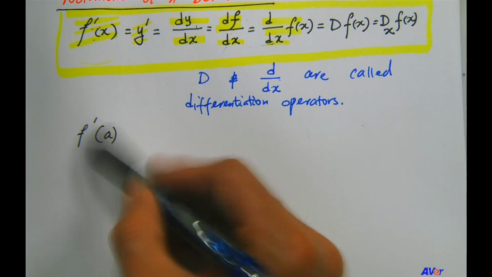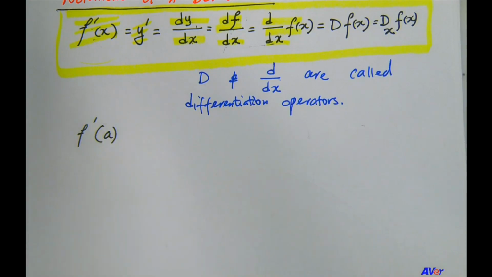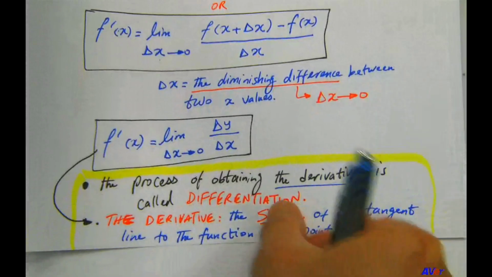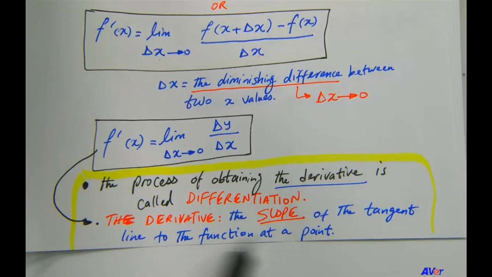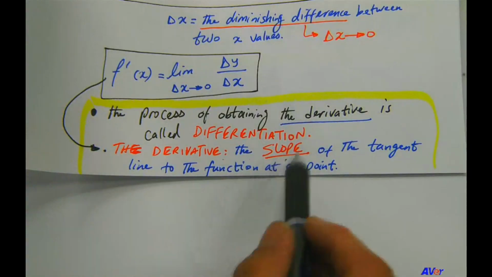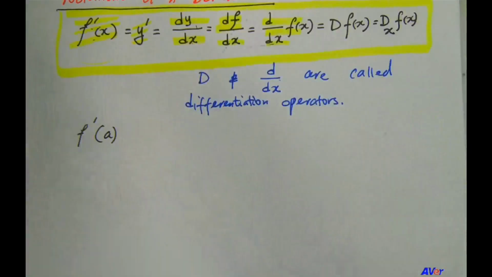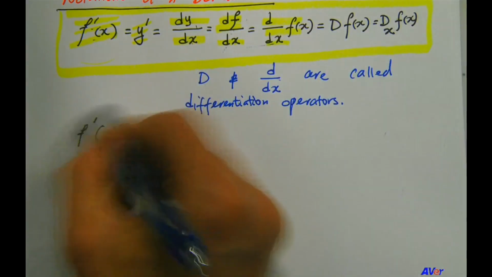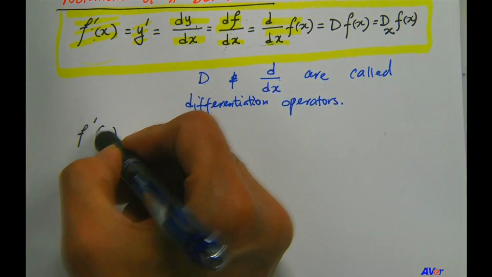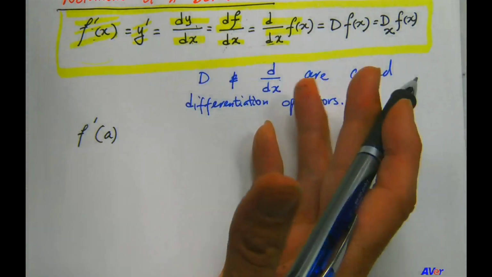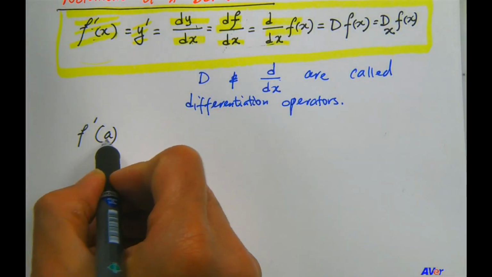So what is this going to give us? Well, we learned in section 2.1, and also we did a recap here, the derivative is the slope of the tangent line to the function at a point. So this whole thing, when you calculate it, would be the slope of some tangent line at point a.